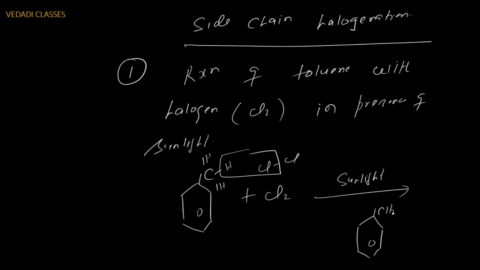This is your C6H5CH2Cl plus HCl. This is benzyl chloride, also known as phenyl chloromethane.